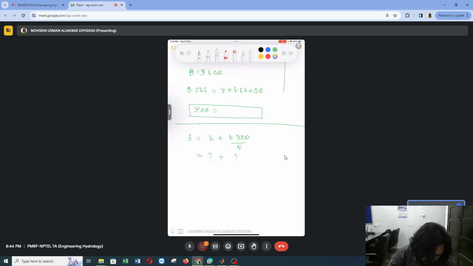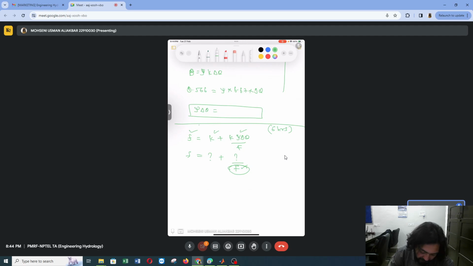We know the value of K psi delta theta now, so we can substitute that, and we know the value of capital F. Now this is the condition for 6 hours, right? They are asking what would be the value of infiltration rate and cumulative infiltration at 6 hours. So at 6 hours we need to calculate, and we know these values now. If we want to calculate the value of small f, we need the value of capital F here. So first we can calculate capital F.